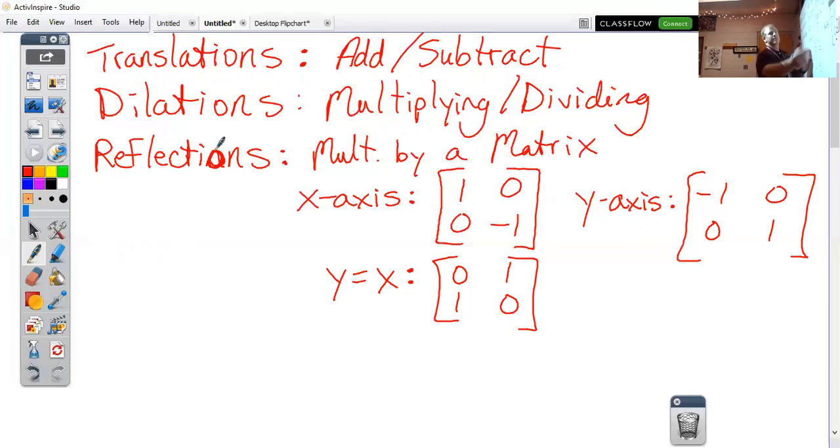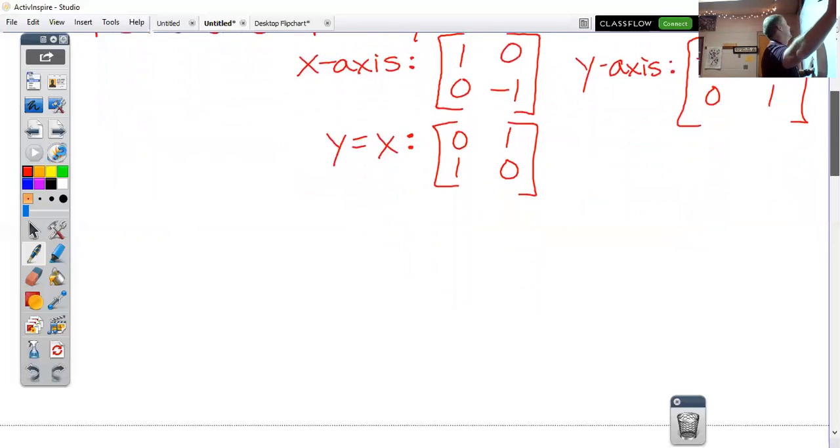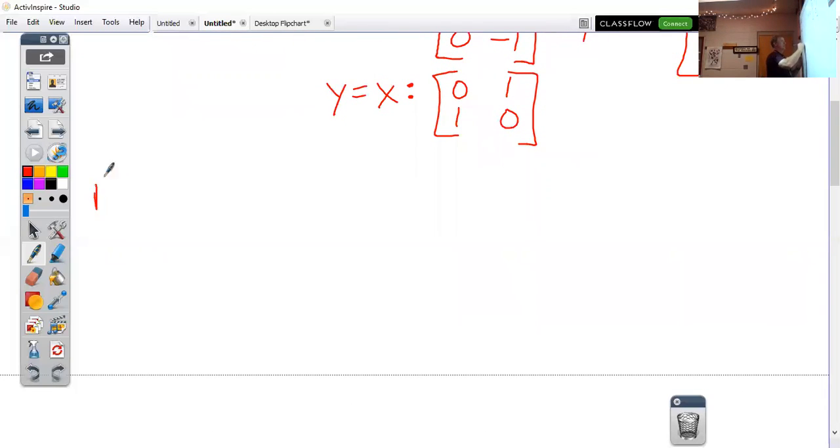The last thing, like I said, that you may have never done, rotations. And they are also multiplying by a matrix. So for rotations, we have 3 of those as well. You can rotate it a quarter turn, which is how many degrees?